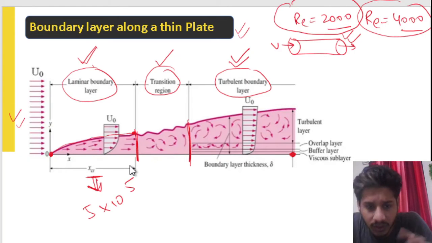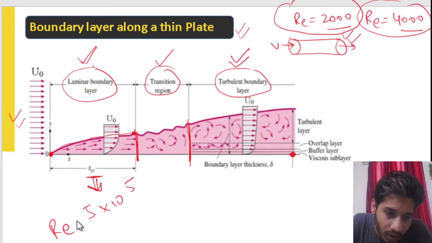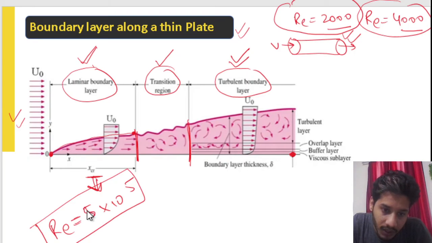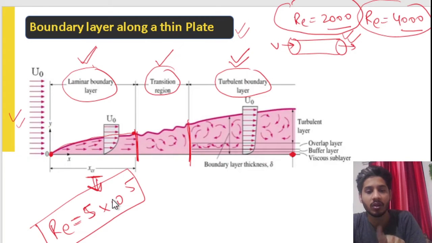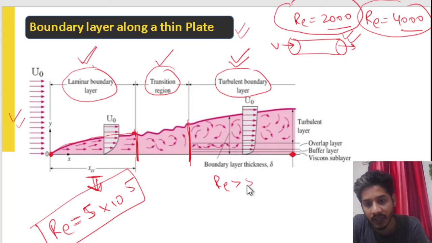Please don't get confused. This is the critical value of Reynolds number; up to this value there will be laminar flow. As we proceed towards this region, the Reynolds number is greater than 5 into 10 raised to the power 5.